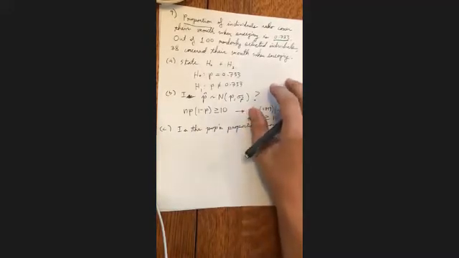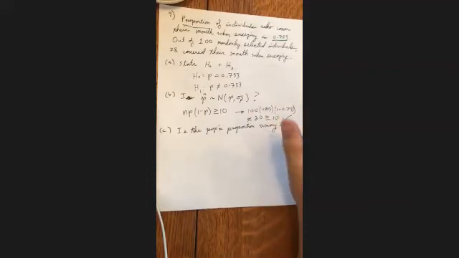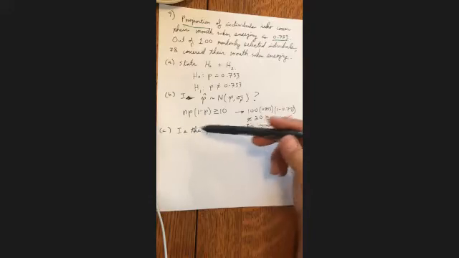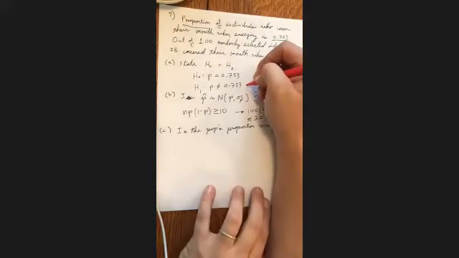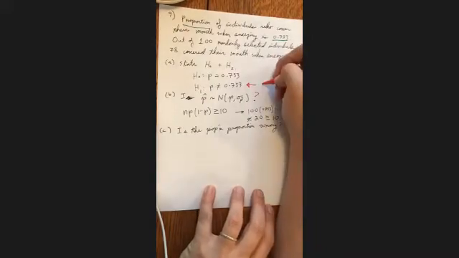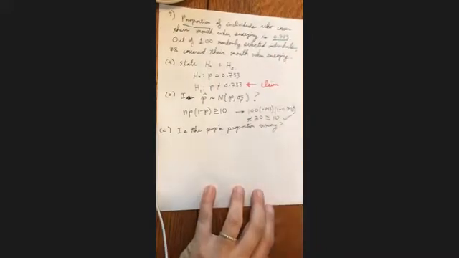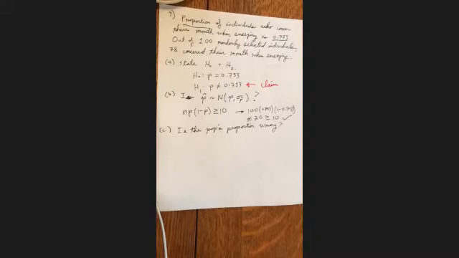So first, what we need to know is what sort of claim are we testing for? So the question is, is the population proportion wrong? If we're asking, is it wrong, then the claim is that p is not equal to 0.733.